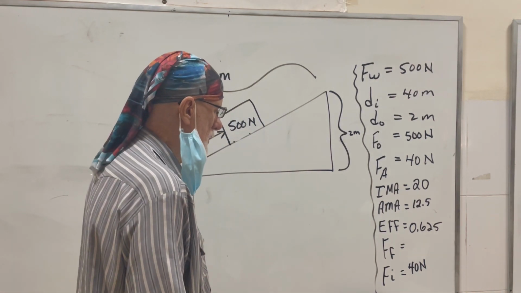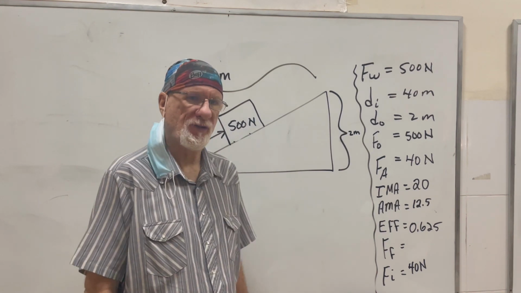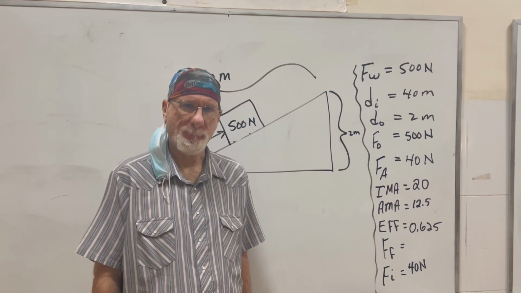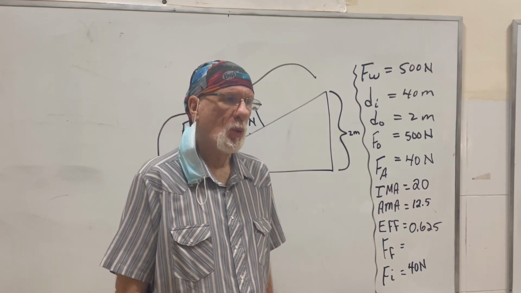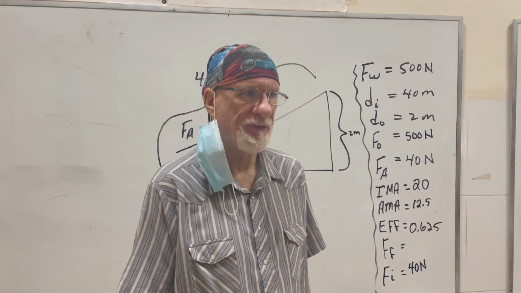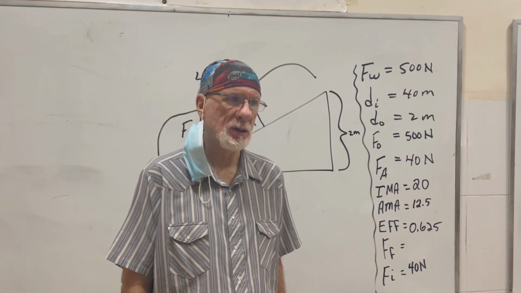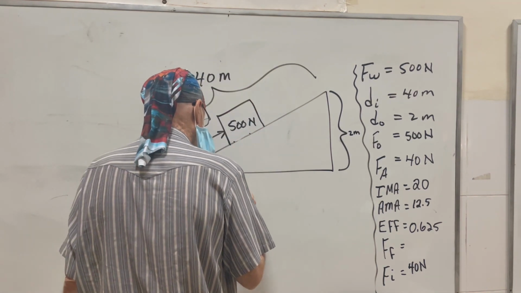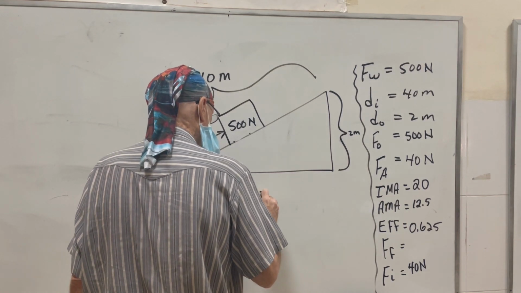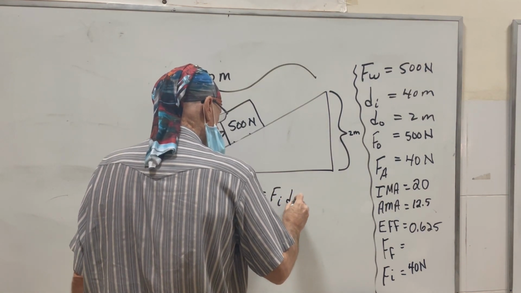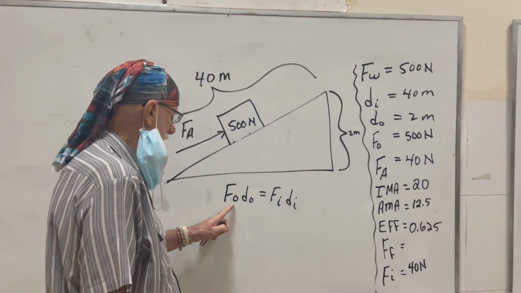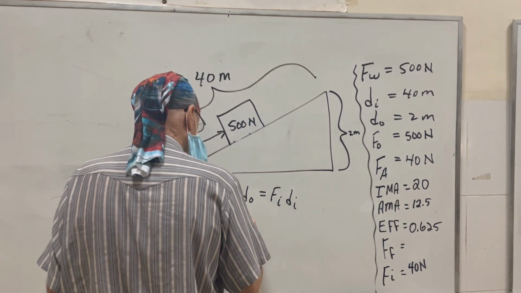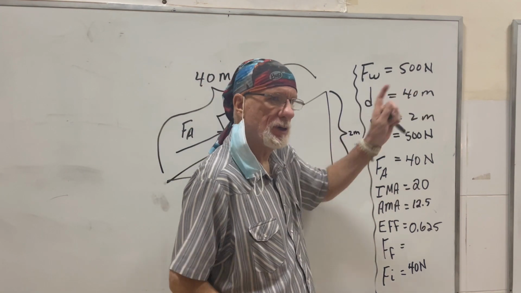Yes? Okay, so what would the amount of friction be? In other words, what should the Fi be under ideal conditions? We know that FO DO equals FI DI, correct? And we know that this FO is 500, and we know that's newtons and meters, so we're good.